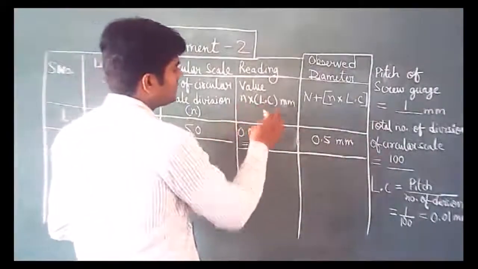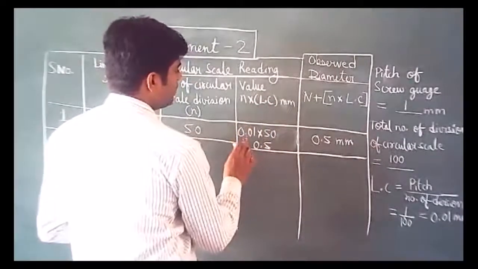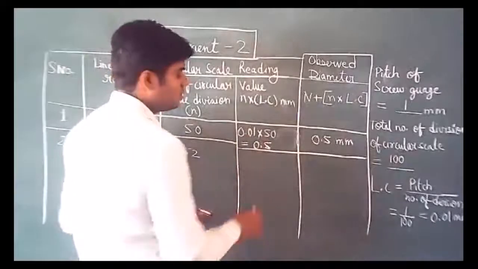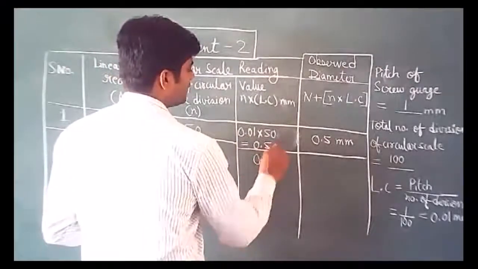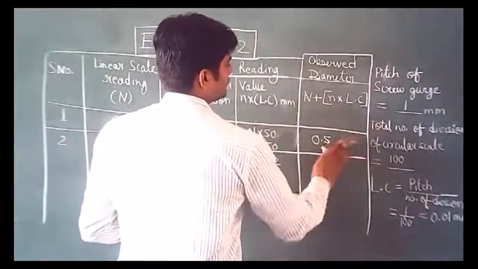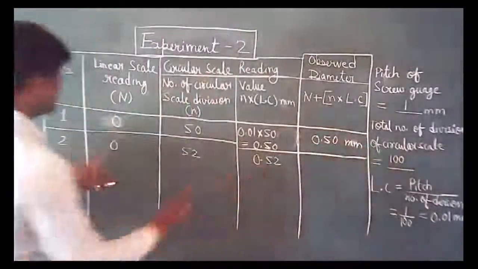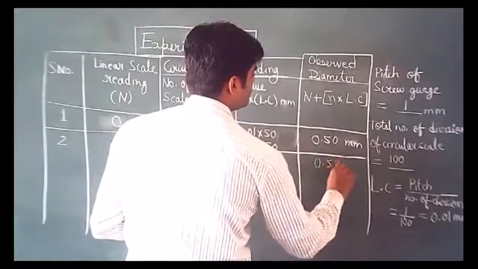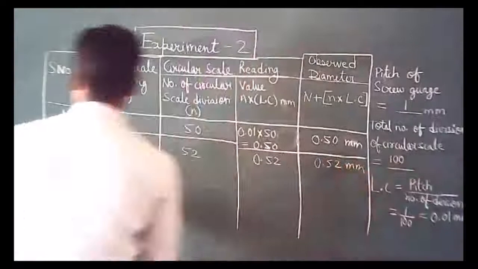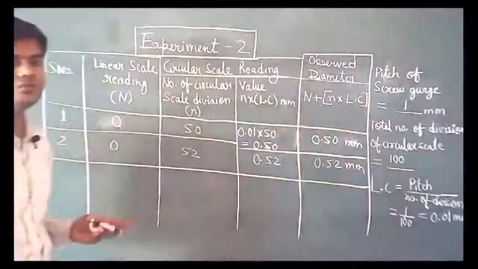Value n into LC will become 0.01 into 52, which is 0.52. This was 50 before. So this will become 0 plus 0.52, 0.52 mm. Let us take one more reading, then we'll calculate the mean value also.